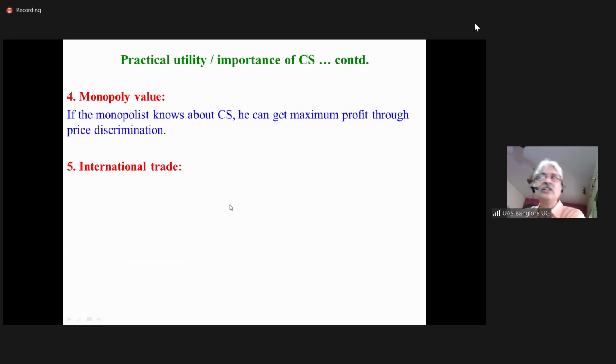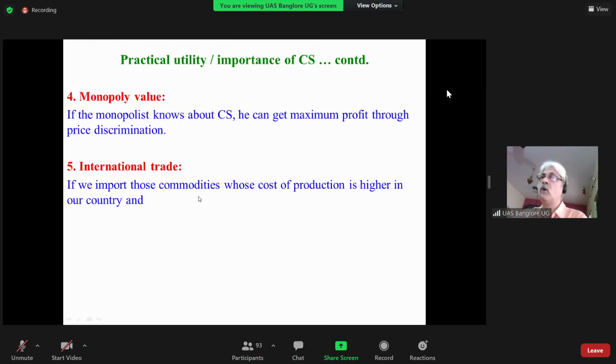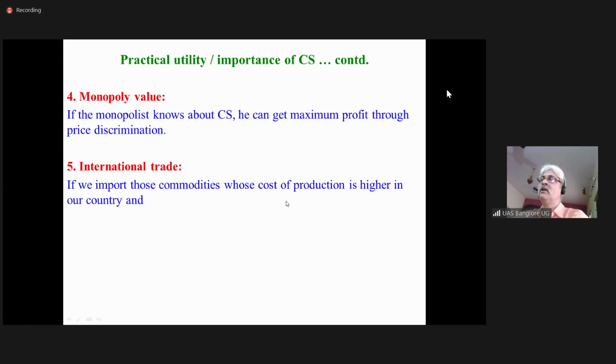Then international trade. You are exporting and importing, whether it is worth exporting and importing. We import those commodities whose cost of production is higher in our country. Take two states instead of two countries, Himachal Pradesh and Karnataka. Producing apple in Karnataka is almost impossible, very costly.